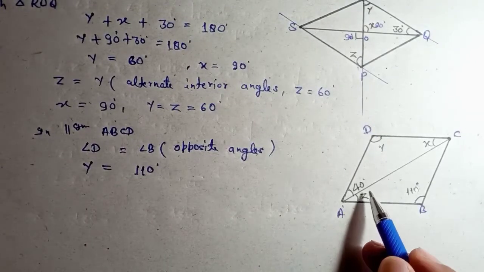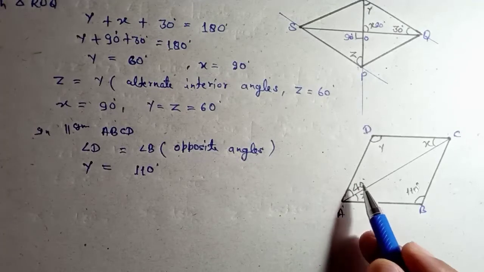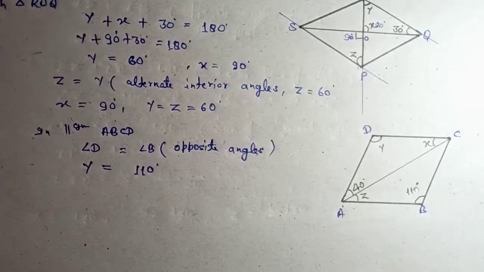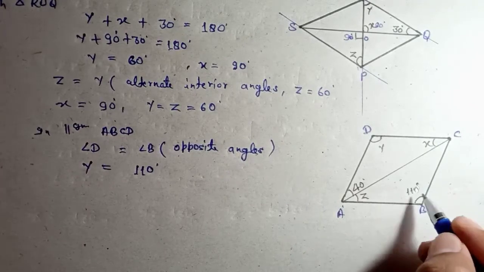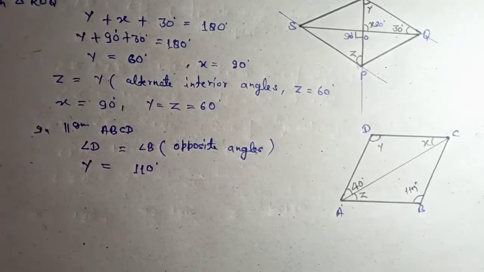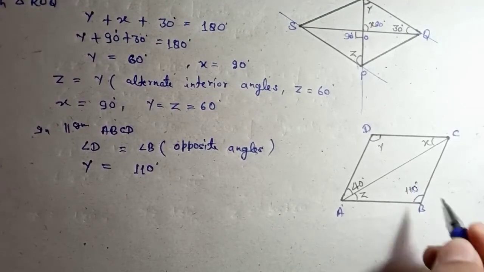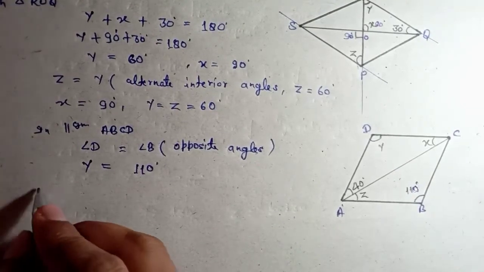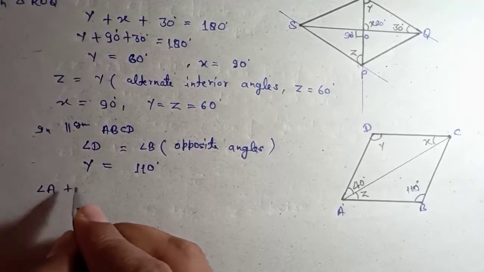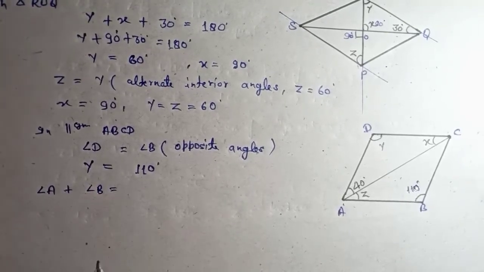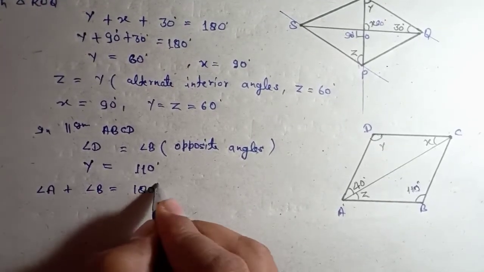Now if we find the value of angle A, then we can calculate the value of Z. And you know what? Angle A and angle B are adjacent angles. This is 110. Don't get confused. So how to do this? Angle A plus angle B is equal to 180 degrees. Why?